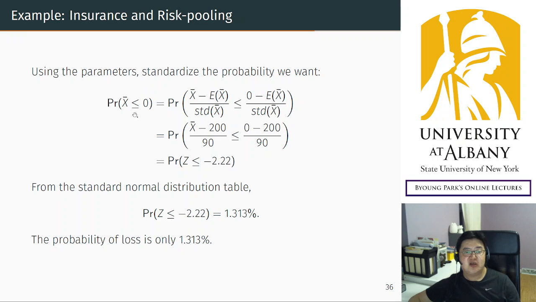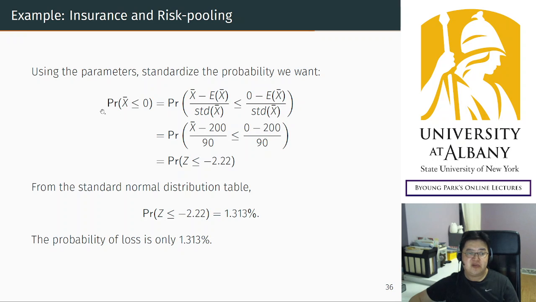We wanted to calculate the probability that X bar is smaller than 0, which is the probability of a loss. You have to standardize this by subtracting the mean and dividing by the standard deviation. So the left-hand side equals Z, and the right-hand side equals minus 2.22.